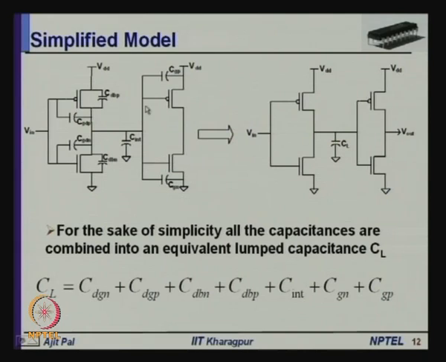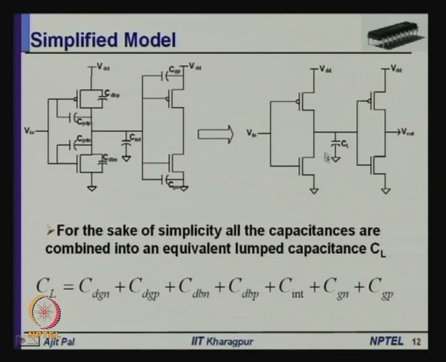Because we have so many capacitances associated with it, these capacitances can be lumped together for the sake of simplicity to define a single capacitance CL, the load capacitance. So later on we shall be referring to a single capacitance, that is CL, but essentially it comprises many capacitances: gate capacitance, then drain to body capacitances, interconnect capacitances and so on, which I have shown in this diagram.